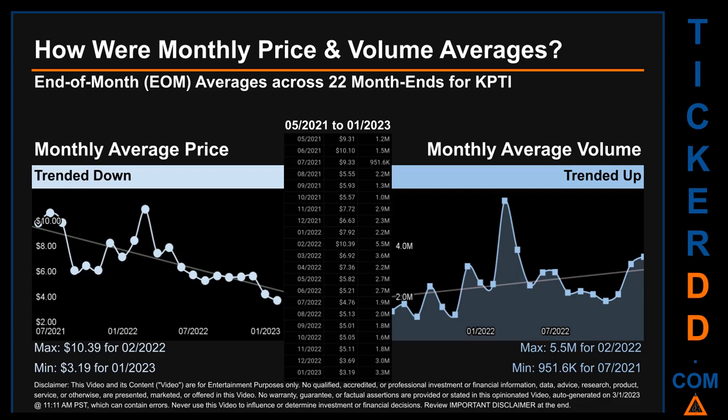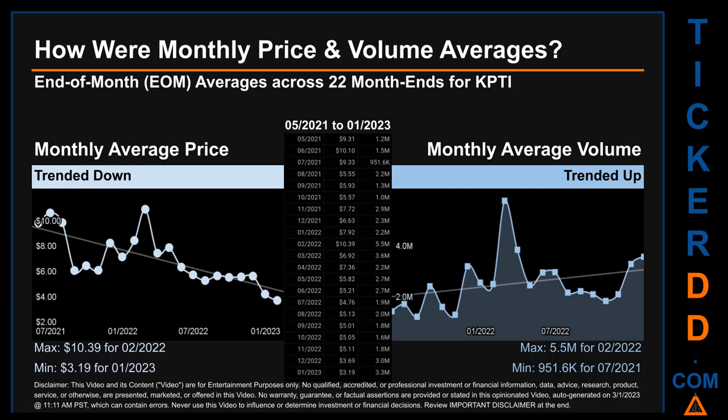How were price and volume averages for KPTI? Across 447 trading days, there were a total of 22 month ends, of which monthly averages for daily price and volume were calculated. Overall, monthly price average trended down while monthly volume average trended up.